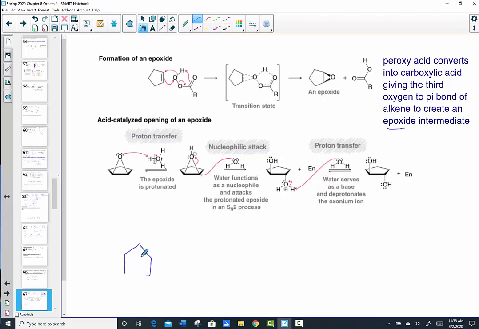Let's draw a cyclopentene. And let's take a look at the peroxy acid. Remember how it had 2 oxygens in a row that led to a carbonyl that led out to an R group. The pi bond is going to go after the oxygen right here.